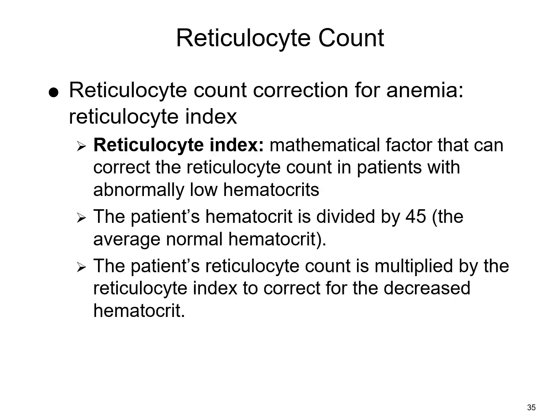In order to do this, we need to take the patient's hematocrit and divide that by 45. So 45 is about the average of a normal hematocrit. And then, of course, the patient's reticulocyte count is multiplied by that index, and that's going to correct for the lower hematocrit.